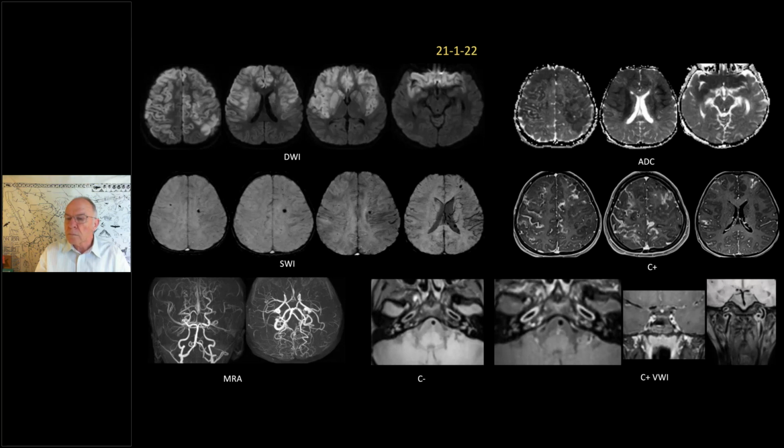On MR angio, we can see the same stenotic lesions in the bilateral proximal posterior cerebral arteries, and the left-side MCA is less visualized. On contrast, the bilateral internal carotid vessel wall is enhancing. This is without contrast, and this is with contrast.